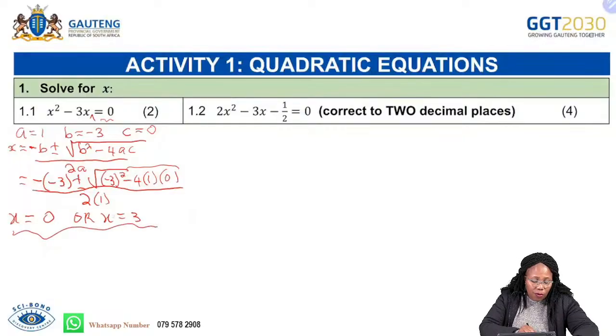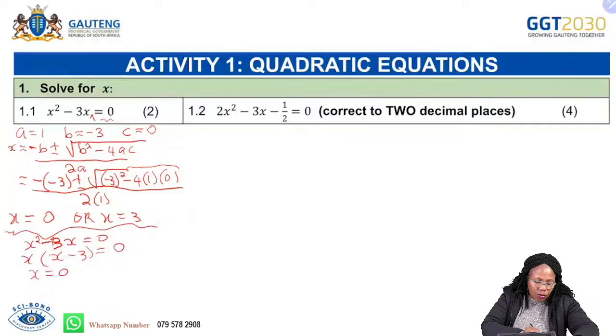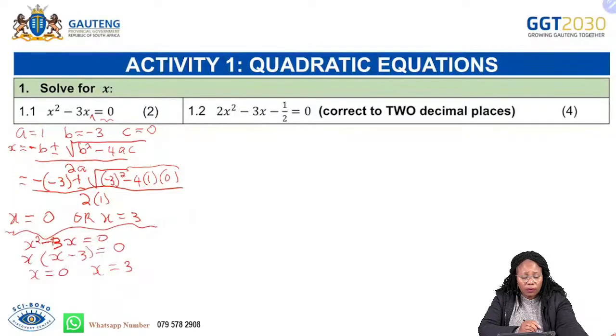And then for those who are smarter, who can see that there is a common factor between X squared and minus 3X there, they can take out a common X and be left with X minus 3 equal to 0. The first X there will be equal to 0, and the X for the bracket will be equal to 3. But eventually grade 12, you'll end up with the same mark.